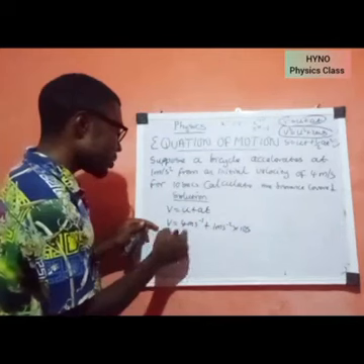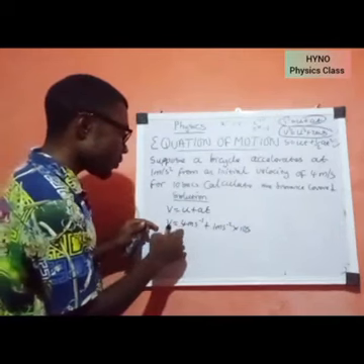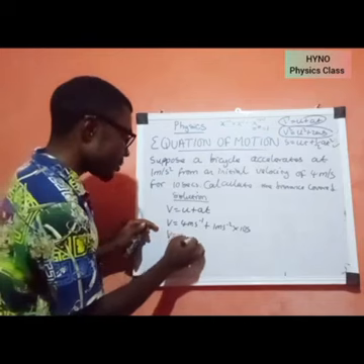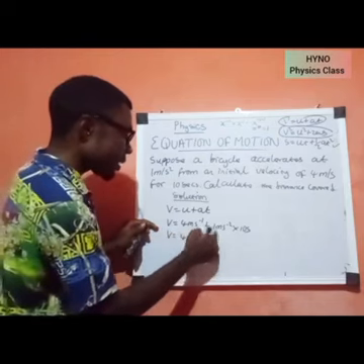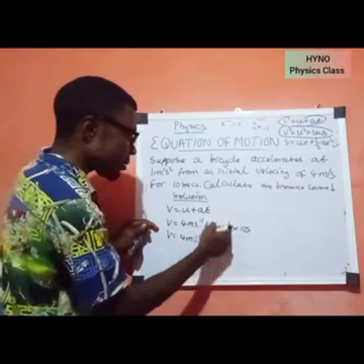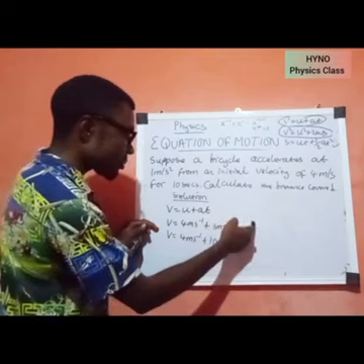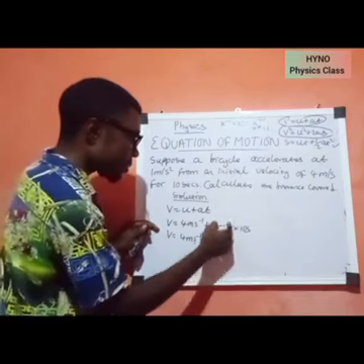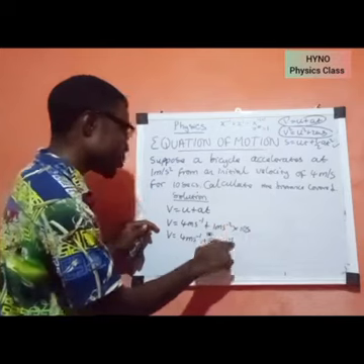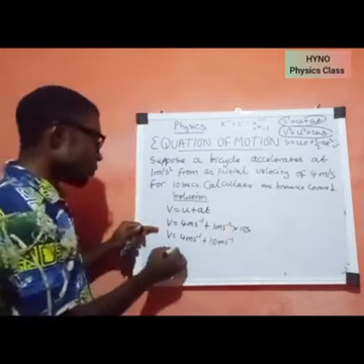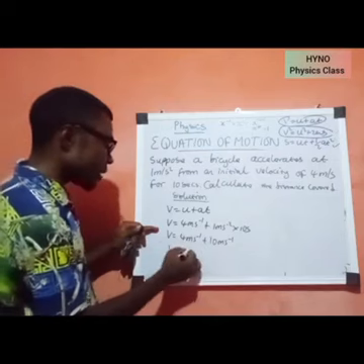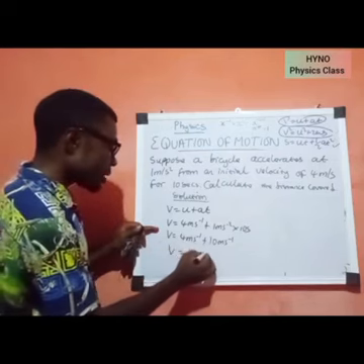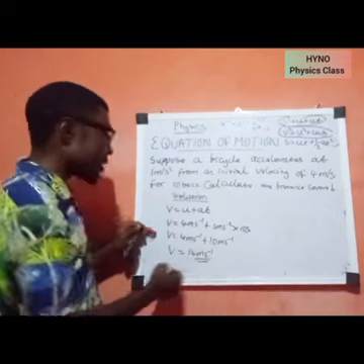So final velocity is equal to 4 meters per second plus 1 times 10. You have meters per second, because minus 2 plus 1 will give you minus 1. So v is going to be 4 plus 10, which gives us 14 meters per second. So this is our final velocity.